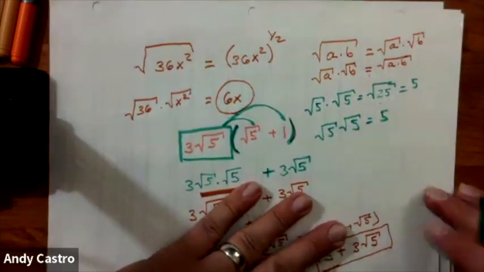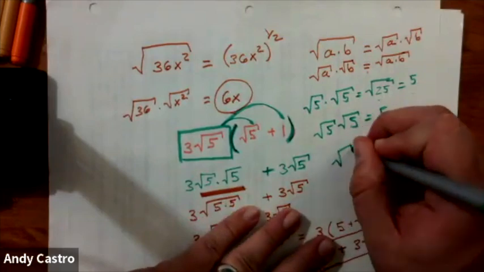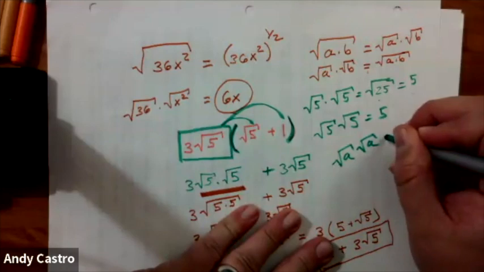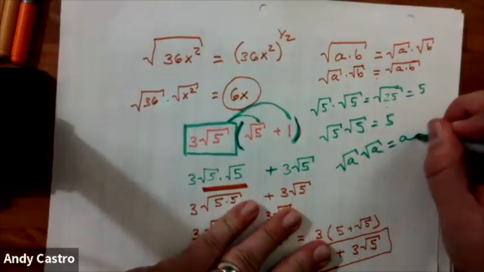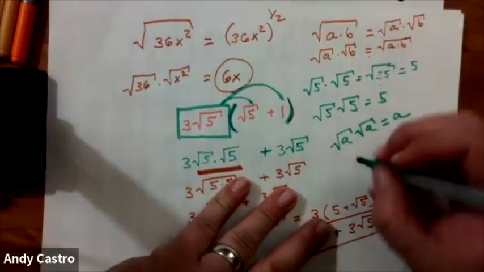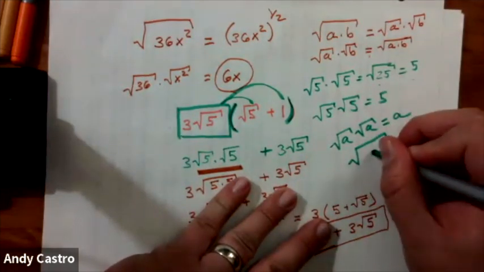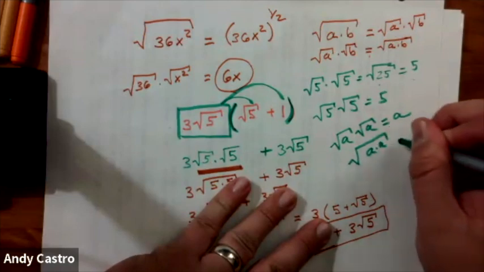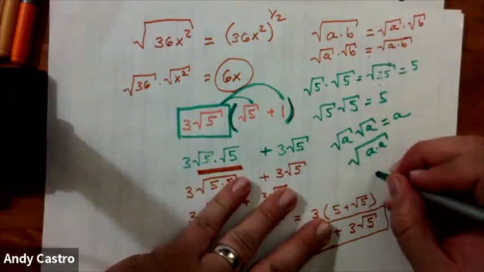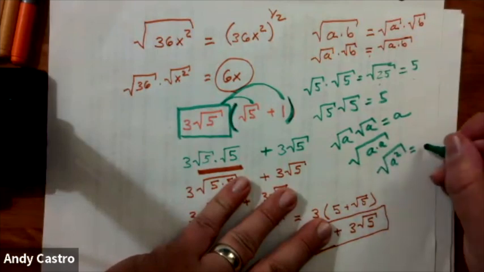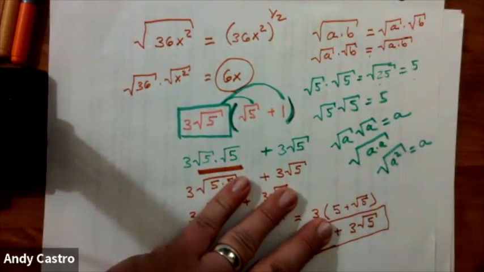And this is one of our principles, and that is that the square root of a times the square root of a is equal to a. And we can show that. Square root of a times the square root of a is the square root of a times a. The square root of a times a is the square root of a squared, and the square root of a squared is a.